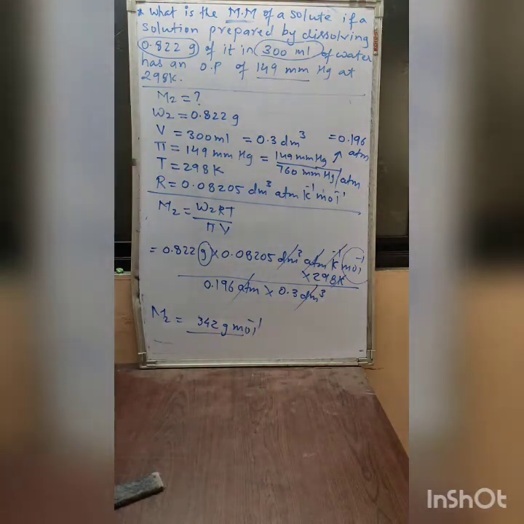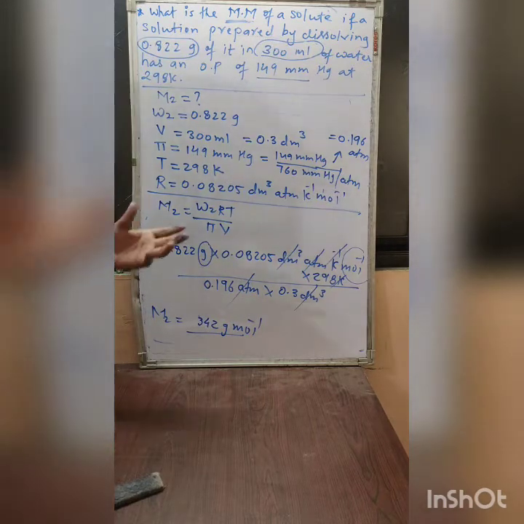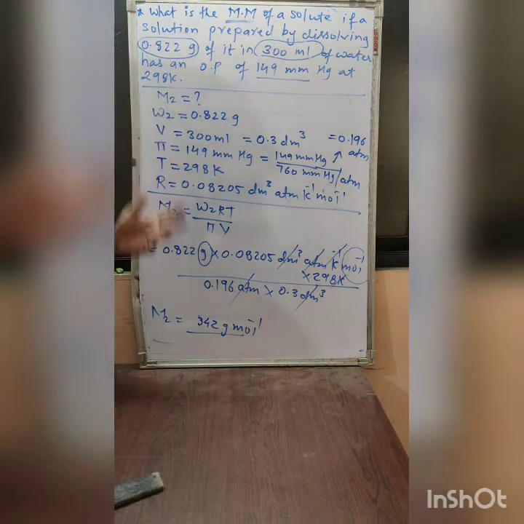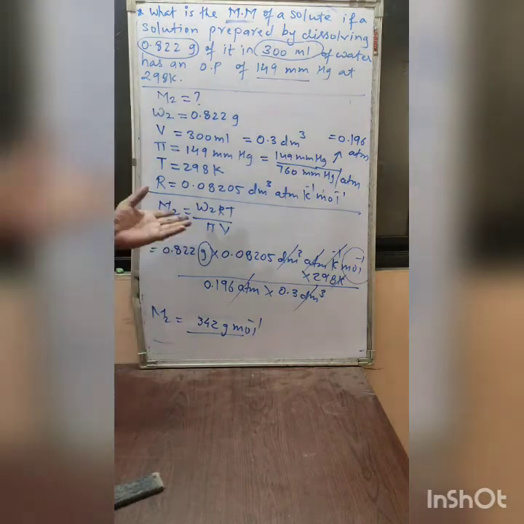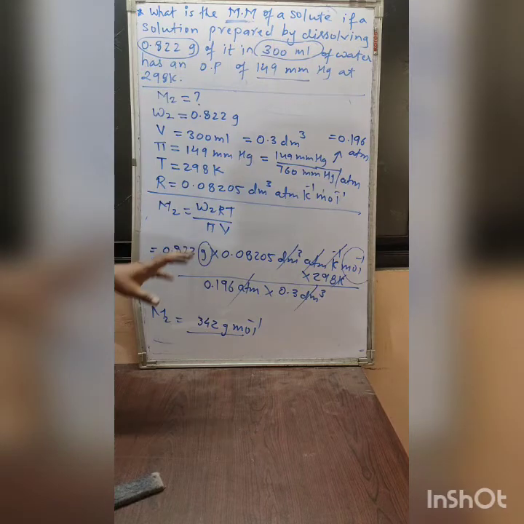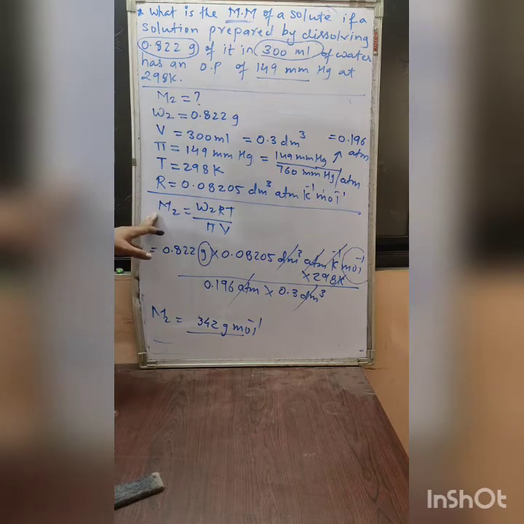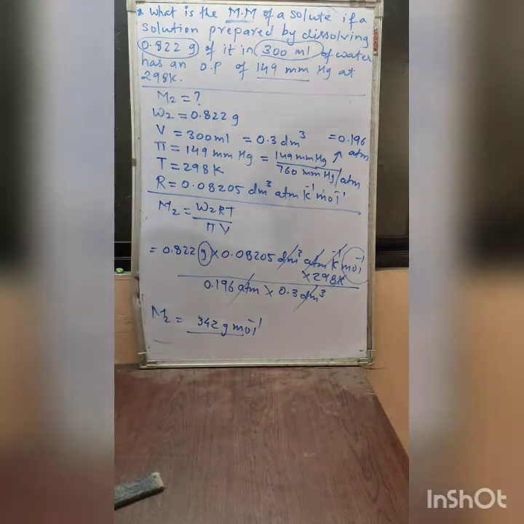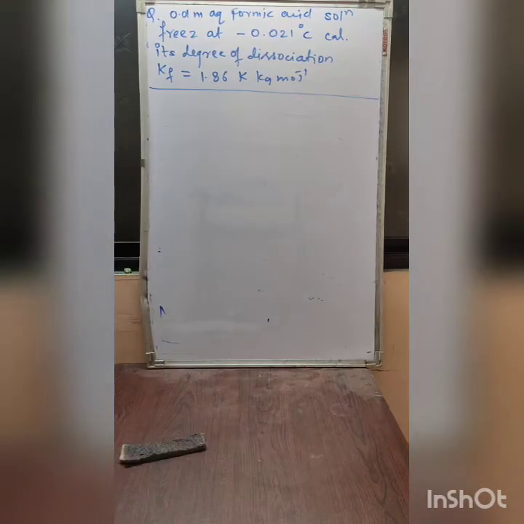So this is a numerical based on osmotic pressure. In a question, sometimes it is asked to find the osmotic pressure when all values are given, and sometimes it is asked to find the molar mass of the solid.